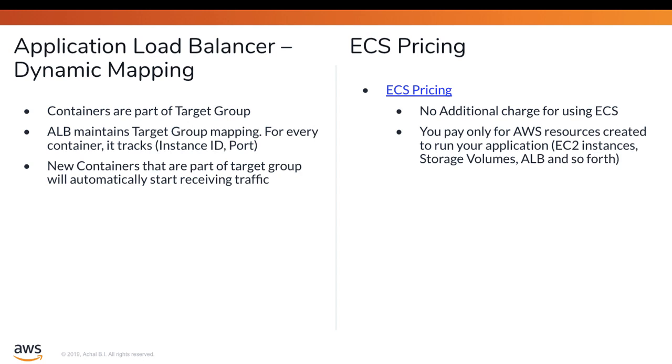So the resources could be EC2 instances, storage volumes, application load balancer, and other resources if you're using NAT gateway, static IP addresses and many others. So there are many resources which could be used by ECS, and all those resources would be charged, but not the ECS cluster management service itself.